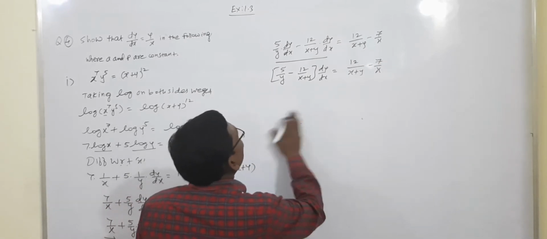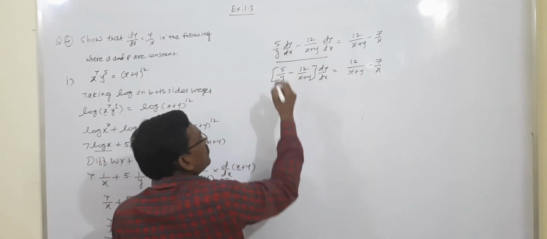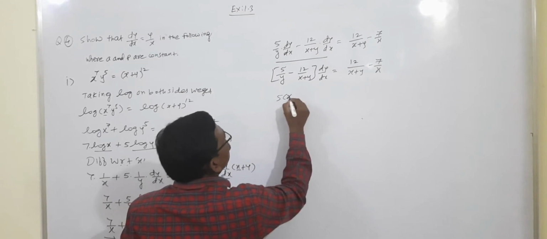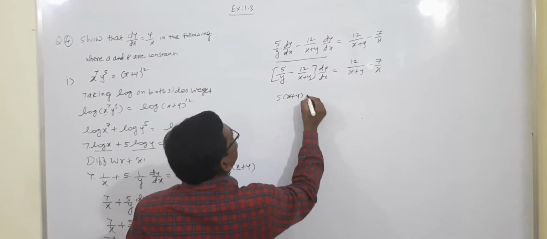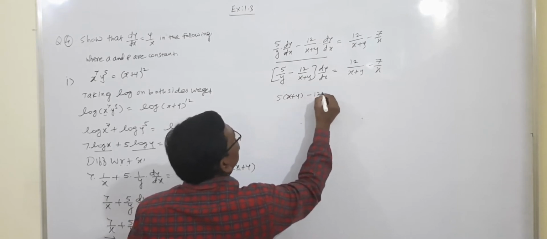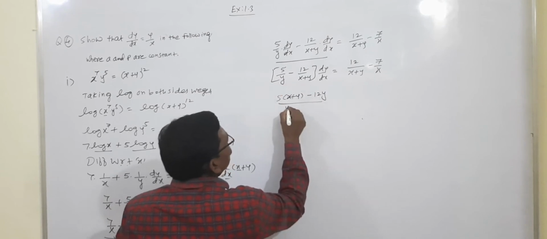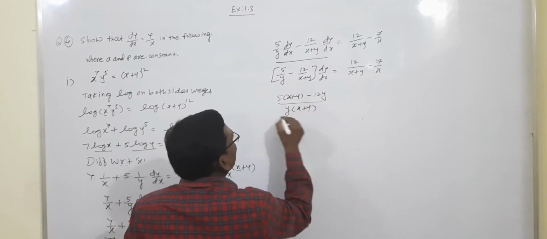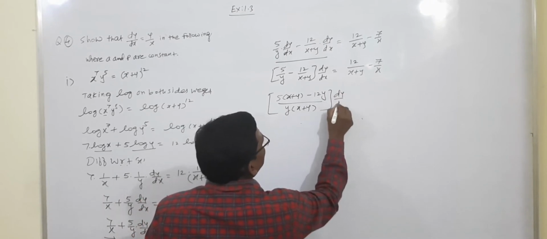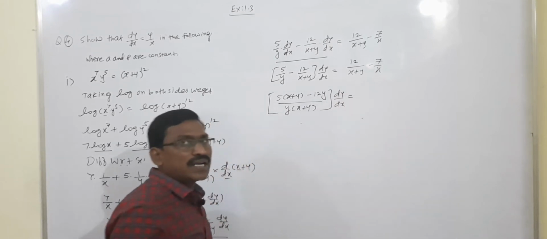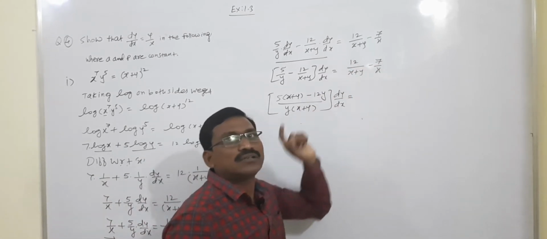Now we take cross multiplication, LCM here. So cross multiplication, it is 5 into x plus y minus 12 into y, it is 12y, and LCM is y into x plus y, into dy by dx is equal to, in the right hand side also we take cross multiplication and LCM here.